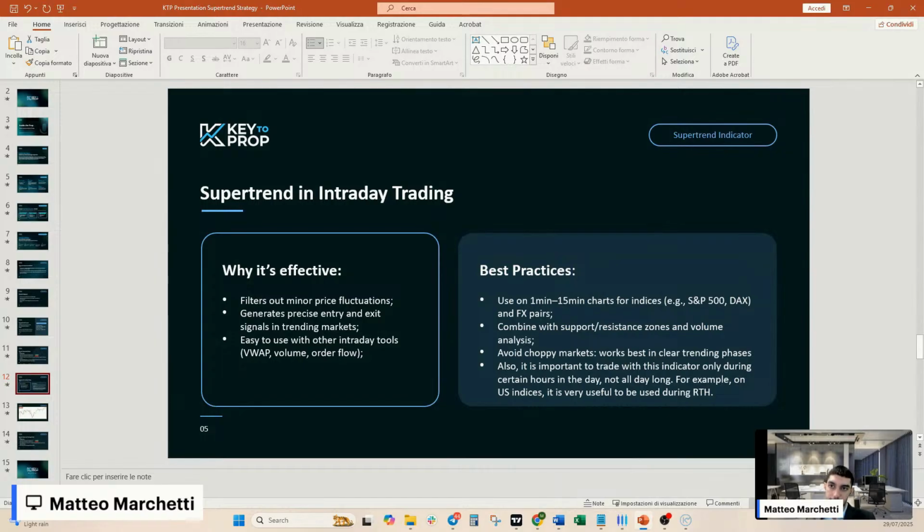Nasdaq has definitely a higher volatility compared to the S&P. Again, the S&P has much more volatility compared to an FX pair, for example, and so on. So always study the instruments you are trading on, and I'm gonna give you some details later on.